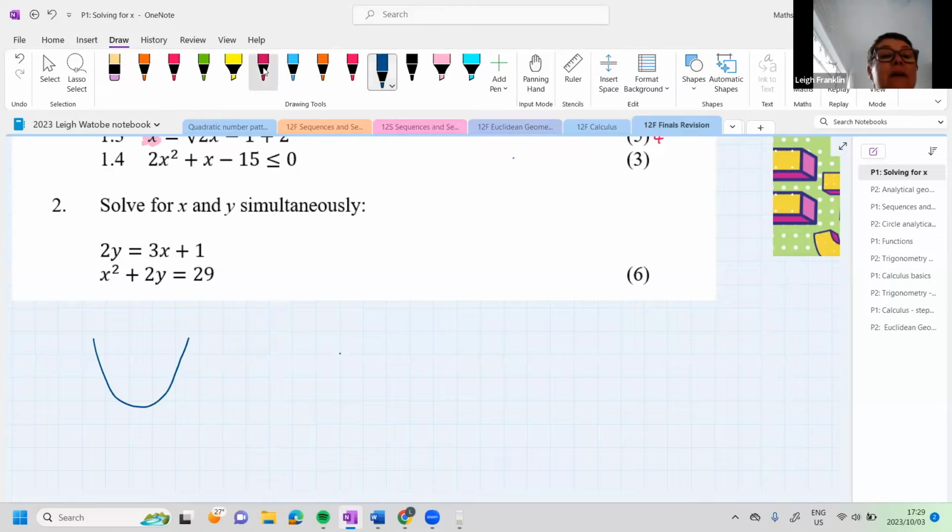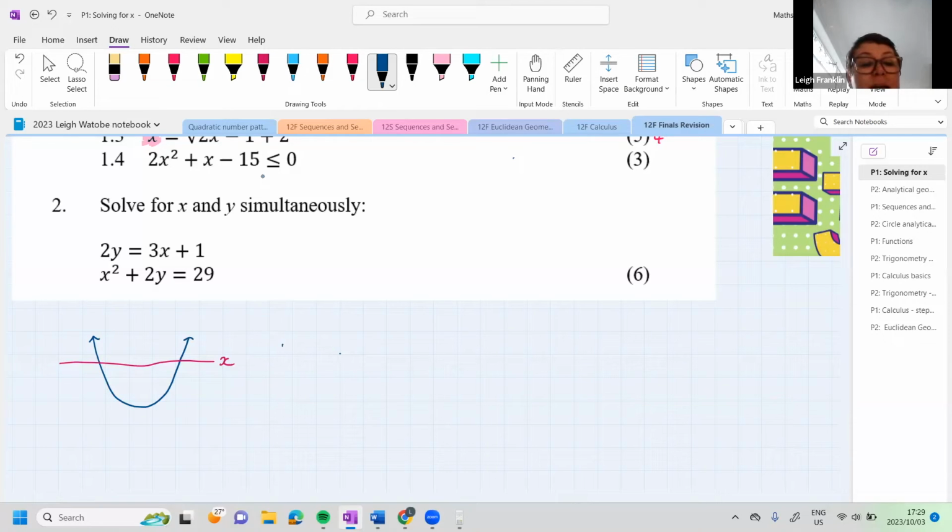Now, it will have, whoopsie, that's a very wonky x-axis, but there's my x-axis, right? And your parabola is going through the x-axis, right? And the idea is this, right? Either they want you to solve for those values of x where y is negative, or they want you to solve for those values of x where y is positive.